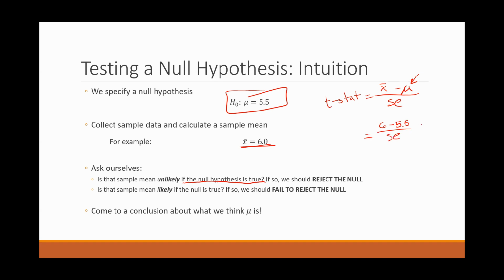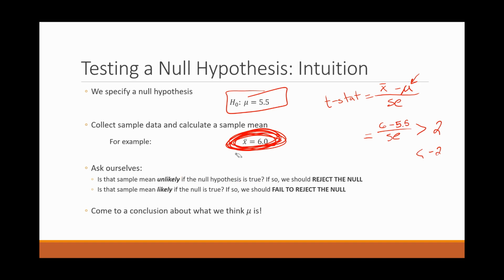And if this number is really big, or very small, by that I mean very negative, like if it's greater than 3 or less than -3, and even, frankly, if it is greater than 2 or less than -2, that is going to tell us that our sample mean is unlikely if the null hypothesis is true.